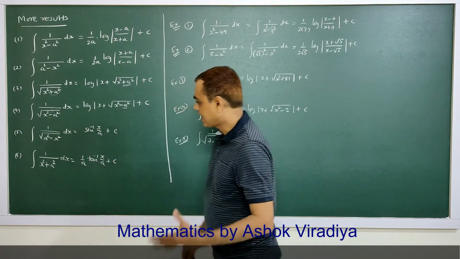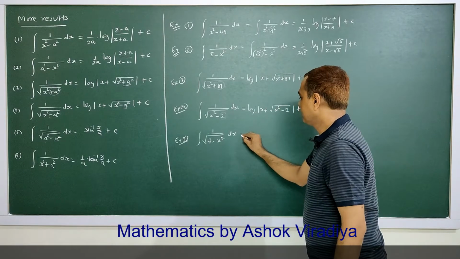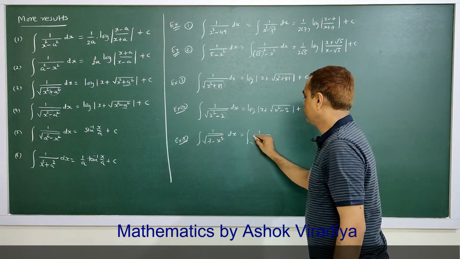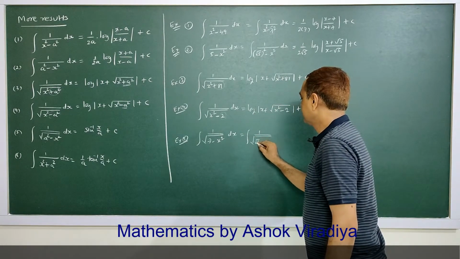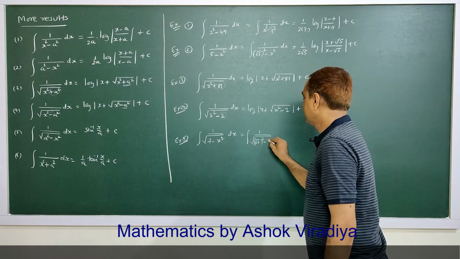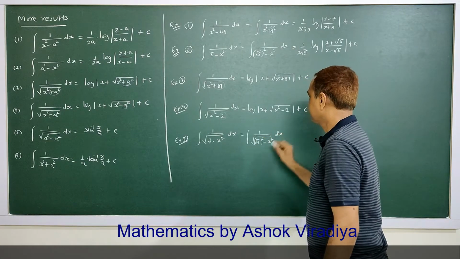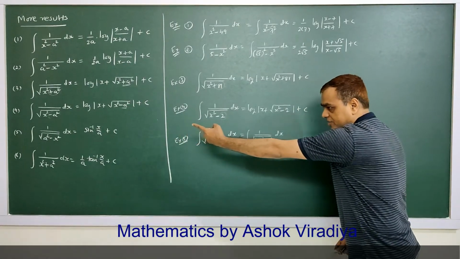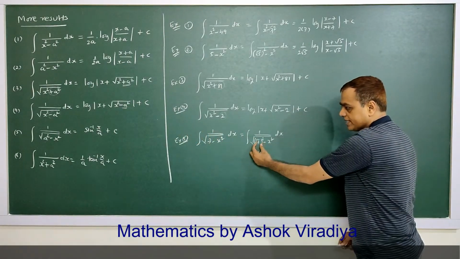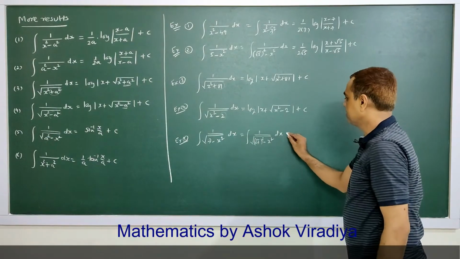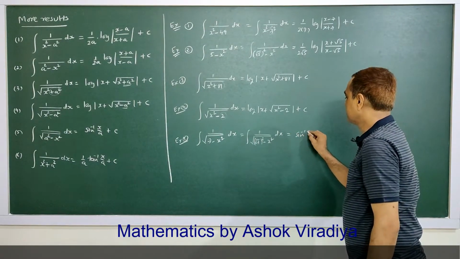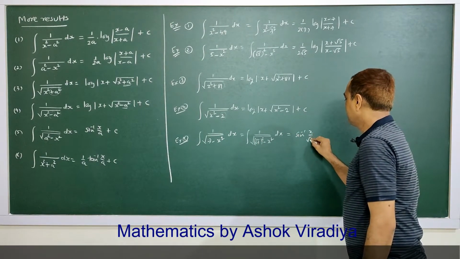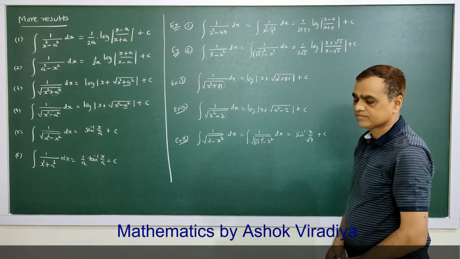So look at this as 1 upon root 7 square minus x square. So you can compare with that result 5: 1 upon root a square minus x square is sine inverse x upon a plus c.